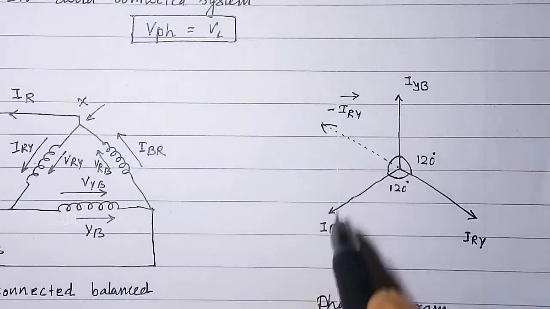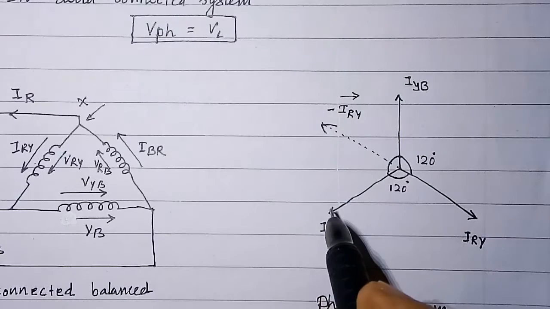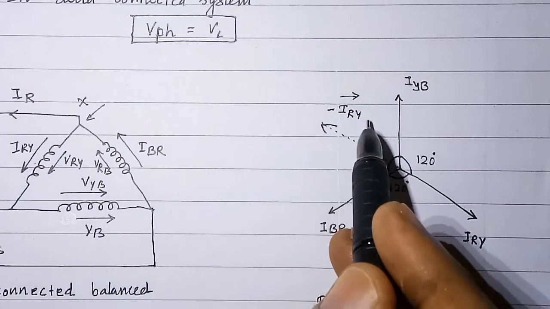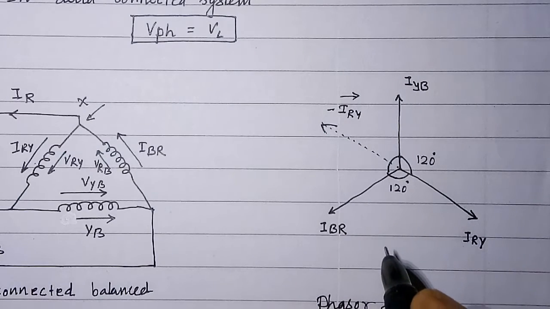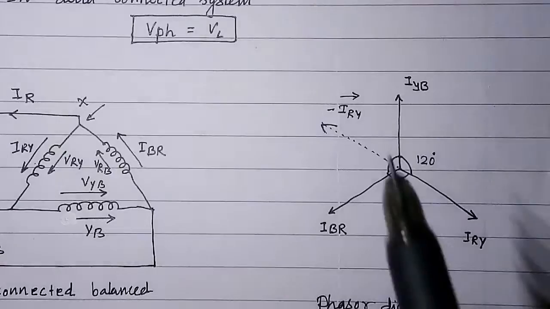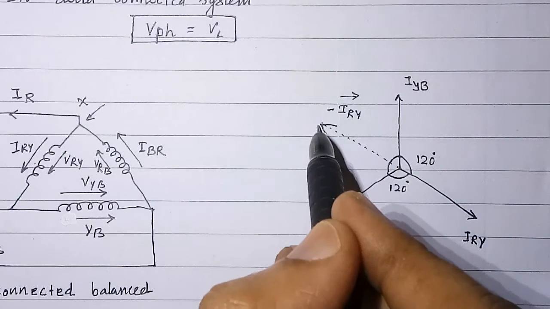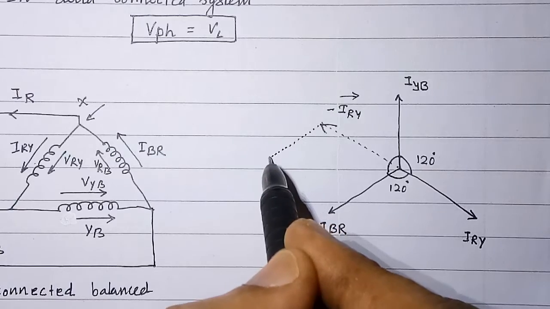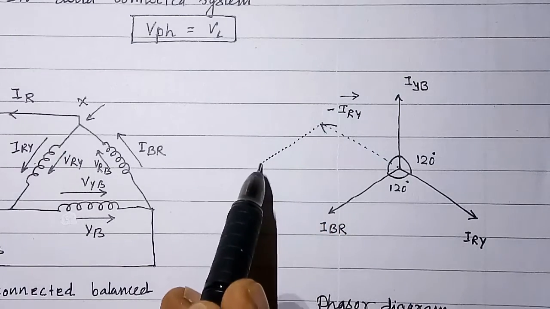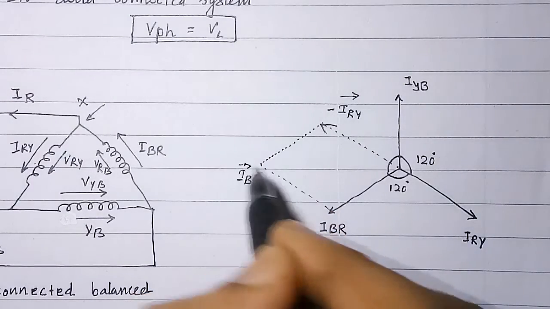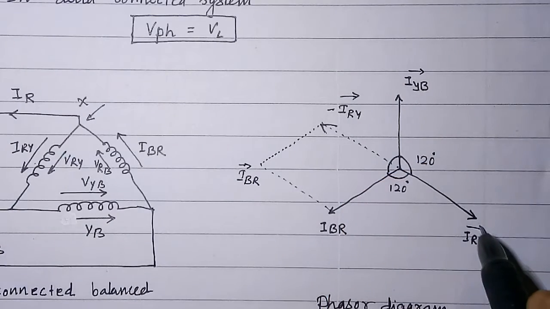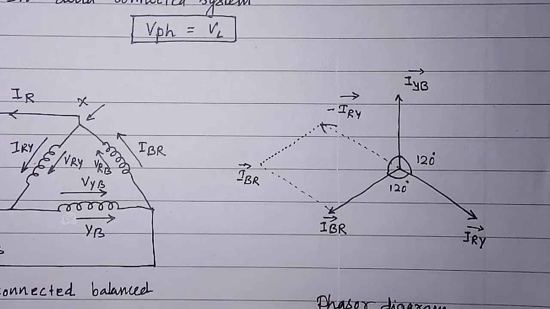To add minus IRY and IBR, I have to complete a parallelogram taking minus IRY and IBR as the two adjacent sides of a parallelogram. This way. You can call all these as phasors here, by putting arrow marks over their heads.